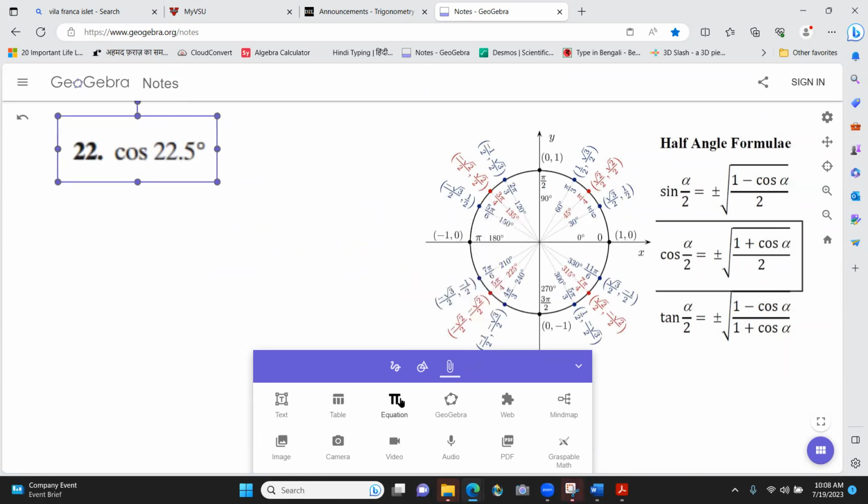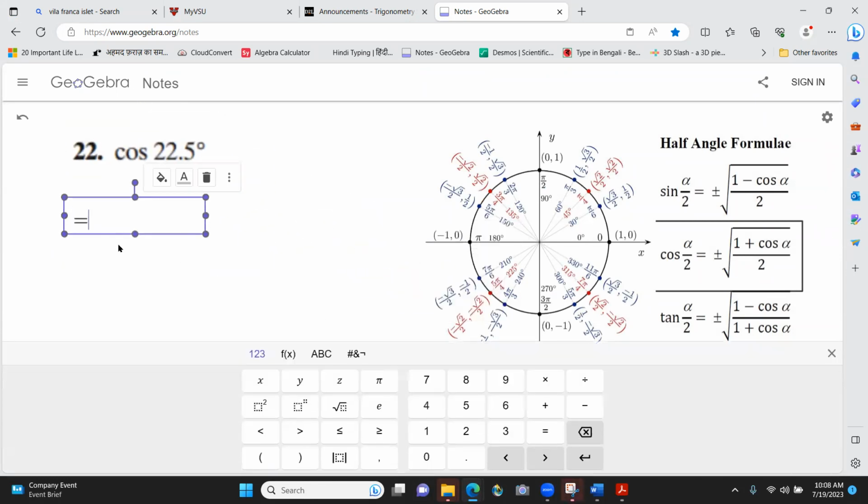All right, cosine 22.5 can be written as cosine 45 divided by 2, and using the formula, cosine 22.5 is in the first quadrant. That makes it positive.